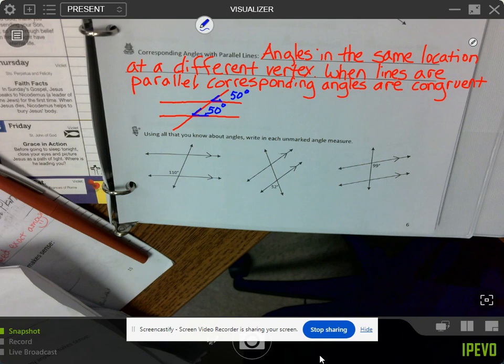Knowing what I know about supplementary and vertical angles, can I fill in all the rest of the angles now? How could I do that, Connor? Tell me which angles I could fill in. The other side. The flip side or this side? That side. Yeah. So what would I put for this angle measurement? 50. Why would I put 50?